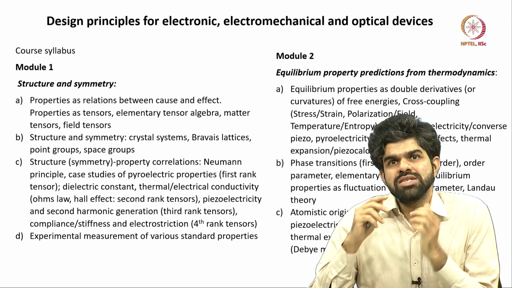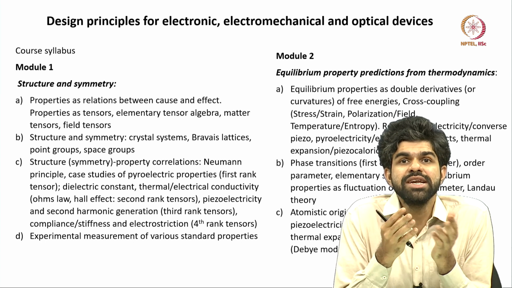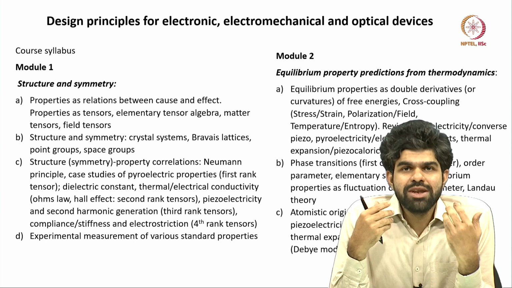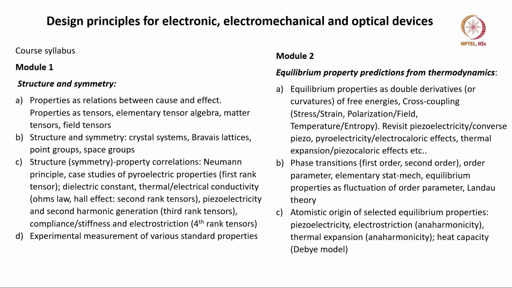So that takes us to module 2, where we try to predict the magnitude of these equilibrium properties that derive out of materials thermodynamics, and we look at the unifying framework to predict how large or how small the properties are in my material. From here we also do a bit of statistical mechanics, which is like the father of thermodynamics, although thermodynamics came first and statistical mechanics came next.